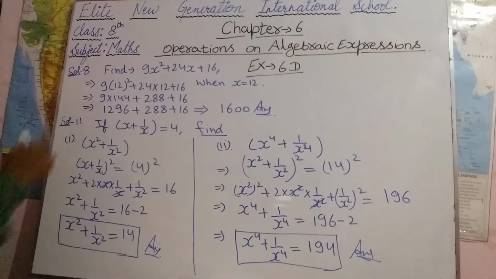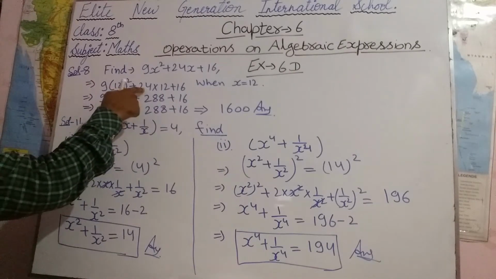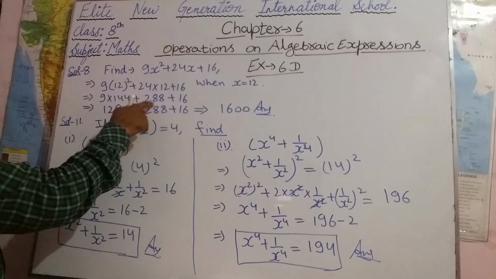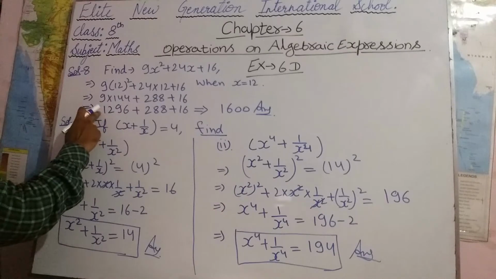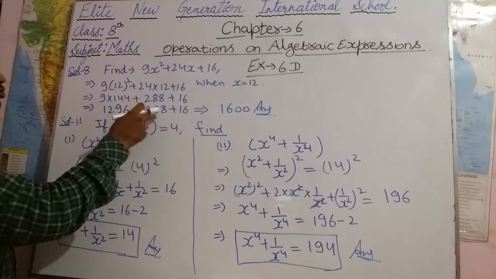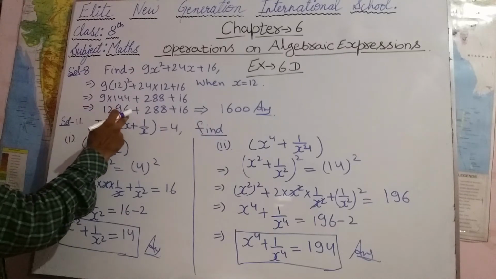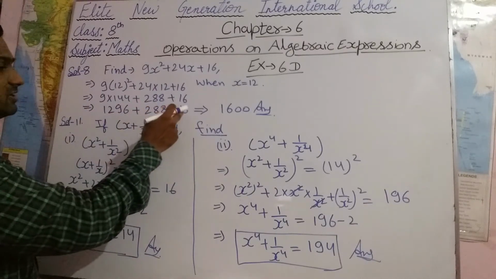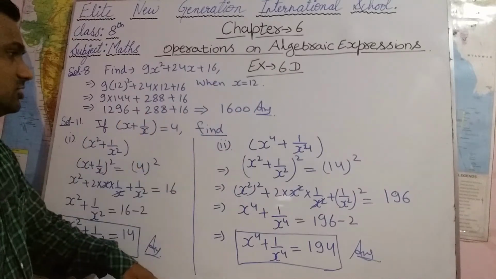When we solve it, 12 square will be 144, plus 24 into 12 will be 288, and plus 16. Now 9 into 144 will be 1296, plus 288 plus 16. When we add 1296 plus 288 and plus 16, it will be 1600. So the answer will be 1600.